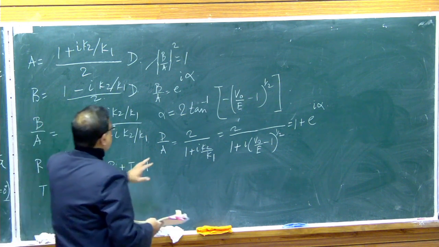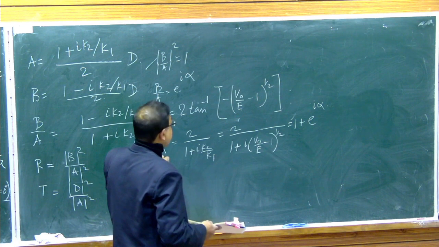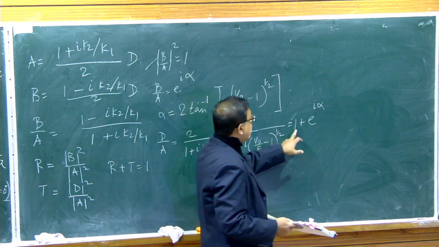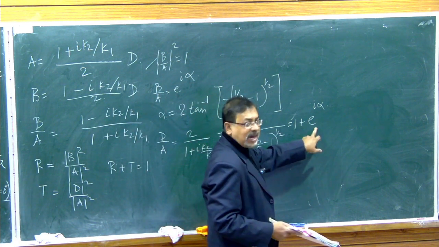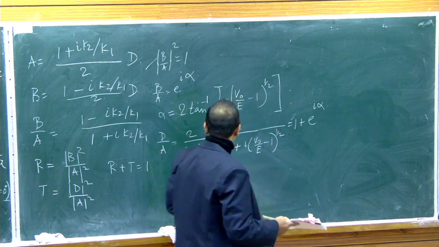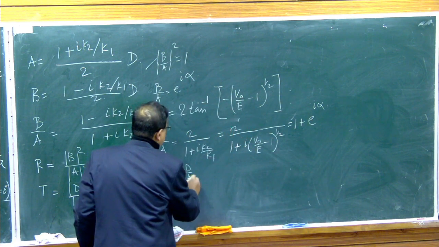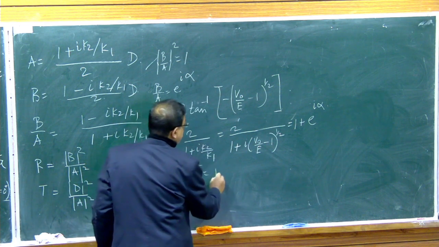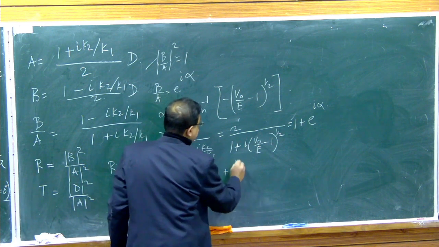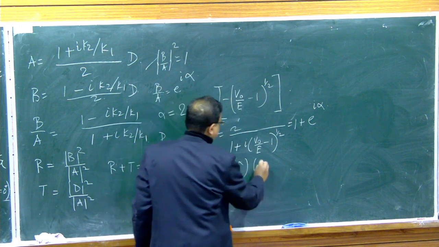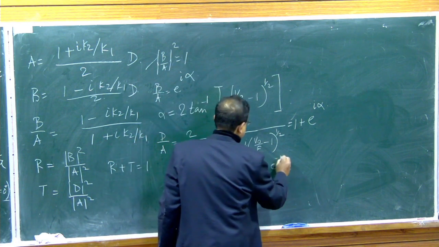So you can take mod D by A squared, which will be 1 plus exponential I alpha into 1 plus exponential minus I alpha.